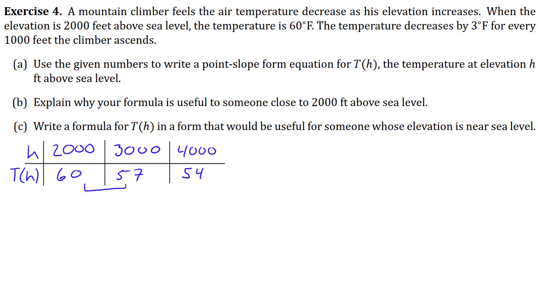Here you have a delta T of -3 and a delta H of 1000. So if you want the change in temperature divided by the change in elevation, that would be -3 divided by 1000.